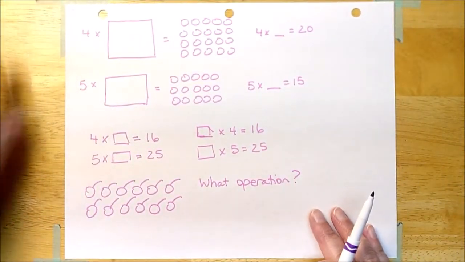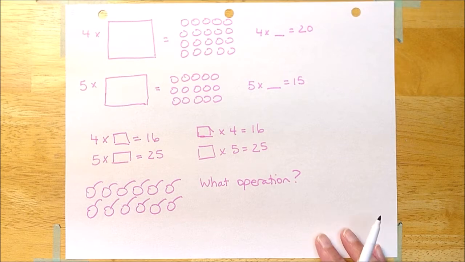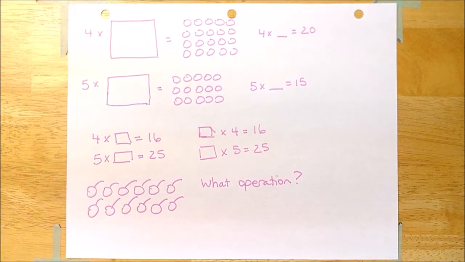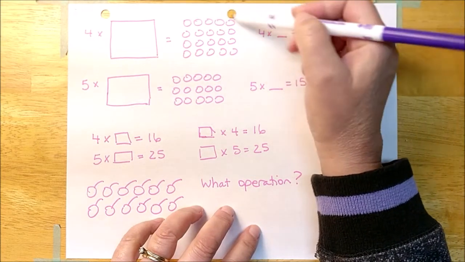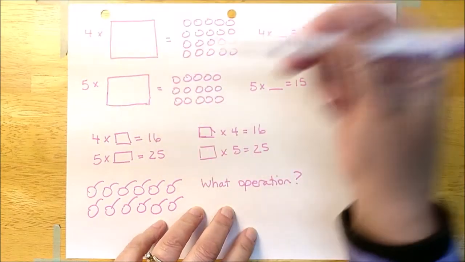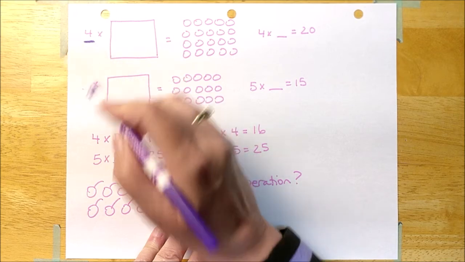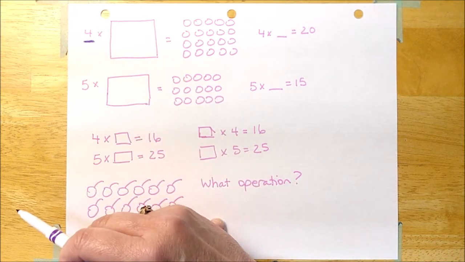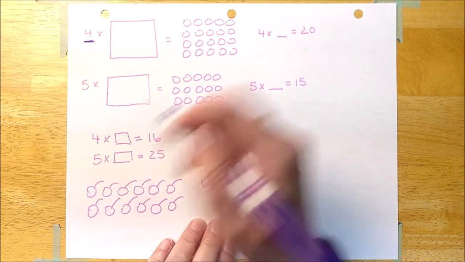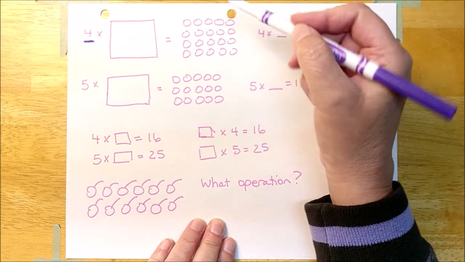Okay, moving on. Now I have to solve the equations using this diagram. I have to figure out how many apples are going to go in that box. So it says I have 4 boxes. How many are going to be in each box so that it equals this many?